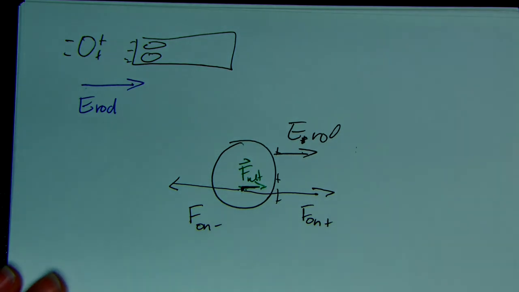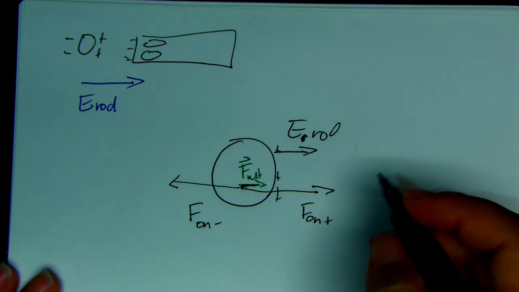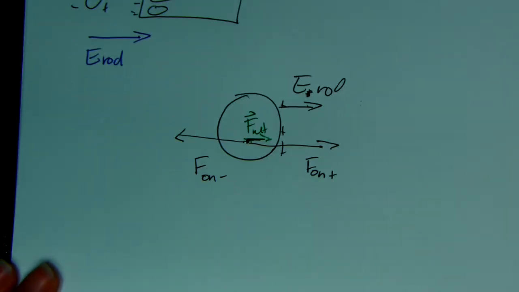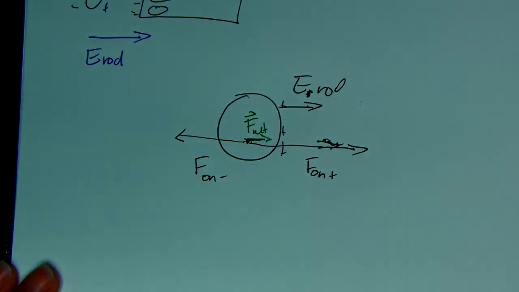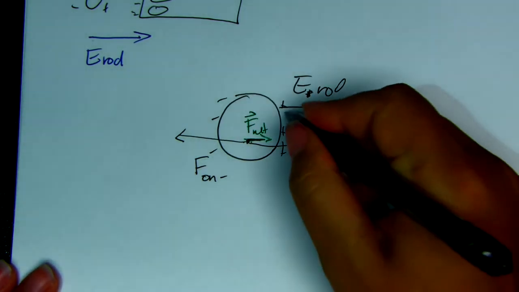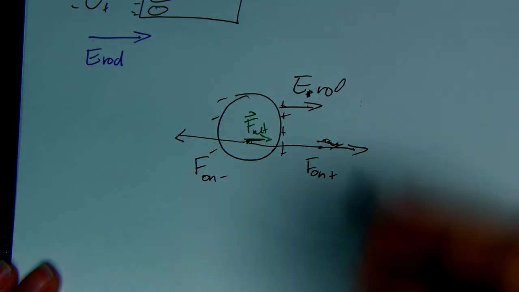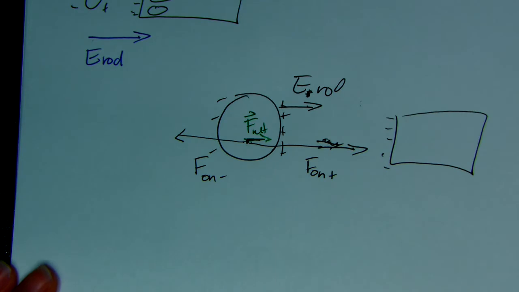The ball is going to want to go towards that negatively charged end. Let me make this one bigger to further exaggerate it. These are the force on these negative particles, and these are the force on the positive particles from this negatively charged end of the rod.